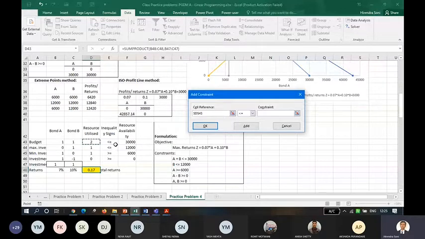Resource utilized should be less than or equal to this value. This is your budget. फिर दूसरा इसके लिए भी this has to be less than or equal to this value. Say add. This value has to be greater than or equal to this value.